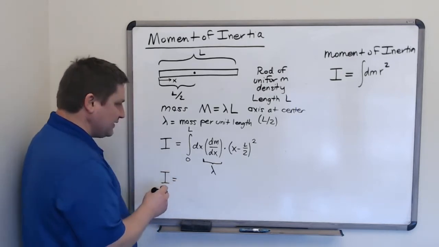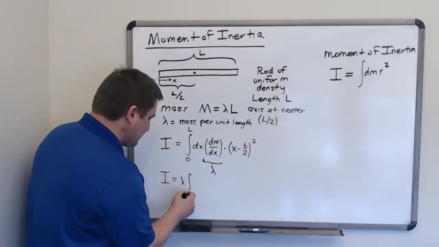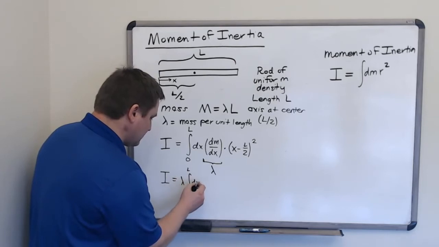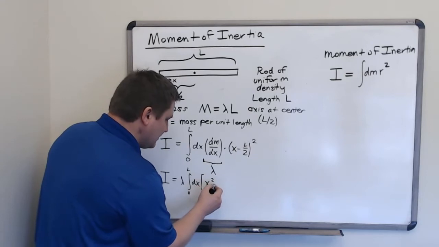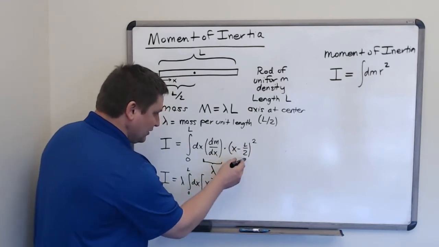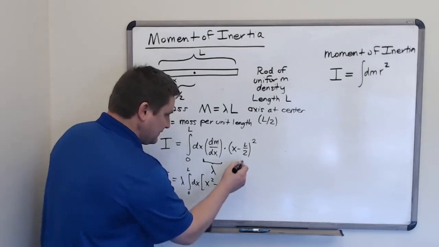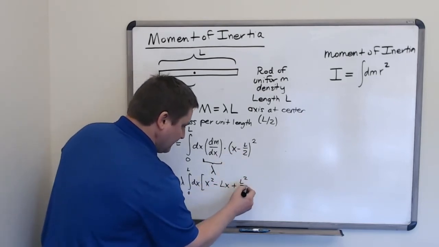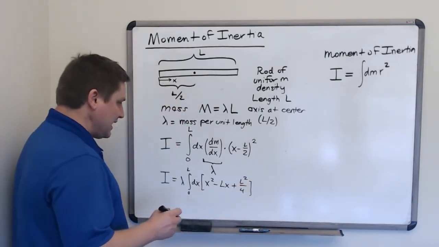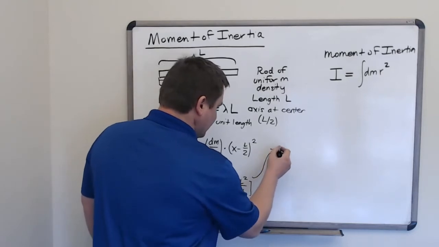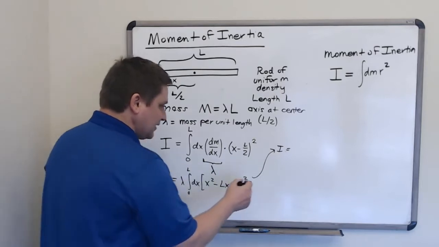The first thing I'm going to do is move this constant lambda out to the front. The second thing I'm going to do is expand this square. So x squared minus 2 times L over 2 times x, so I'll have minus Lx, and then plus L squared over 4. So that's expanding the square, and then I'll do the power rule on these terms to integrate them.